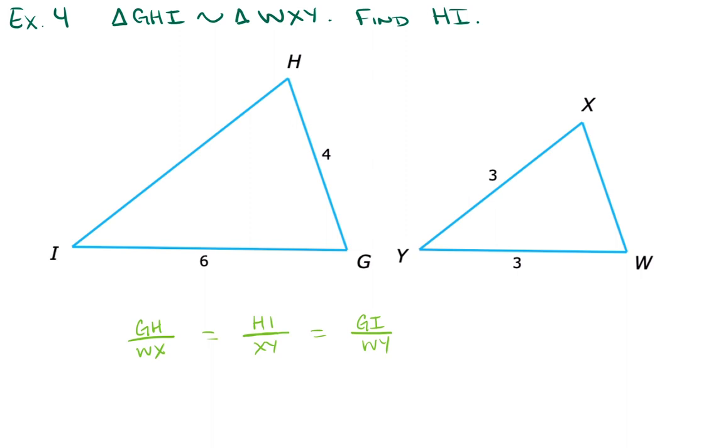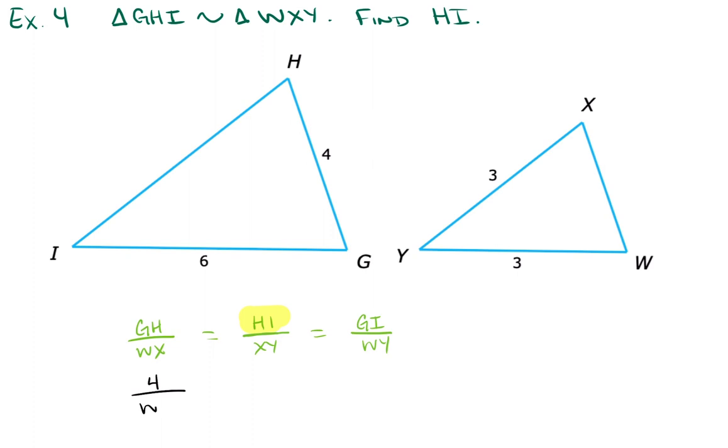Okay, our question is asking us to find the value of HI. Let me use a different color for that. I'm looking for the value of HI. Now what I want to do is start replacing some of these side length notations with numbers that I'm given in the problem. I know that GH is 4.